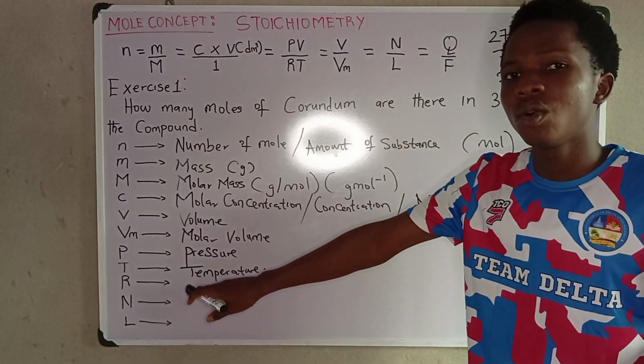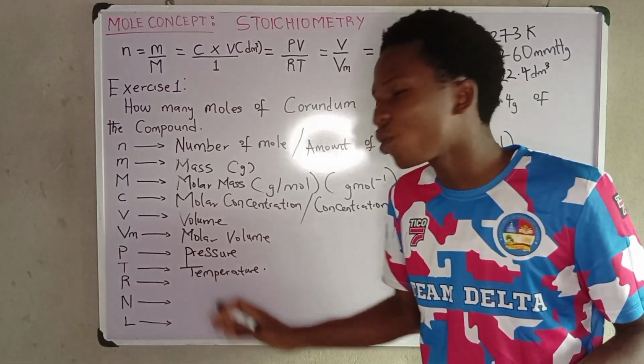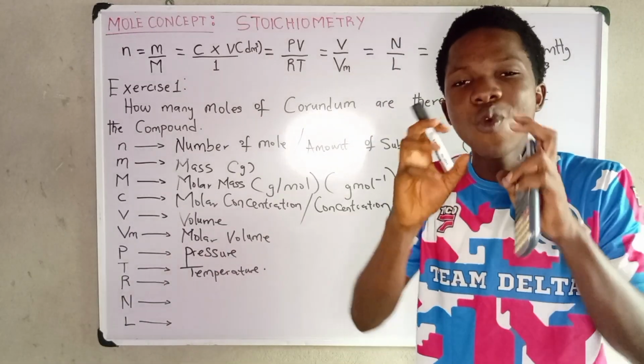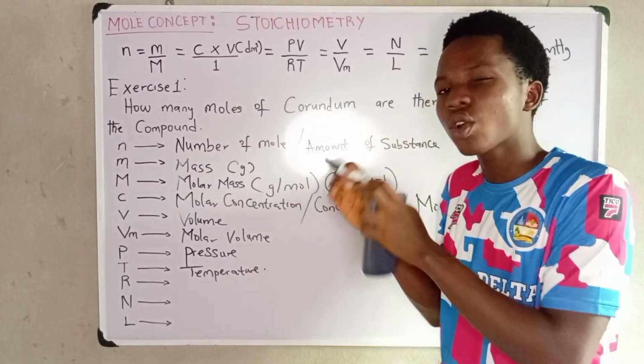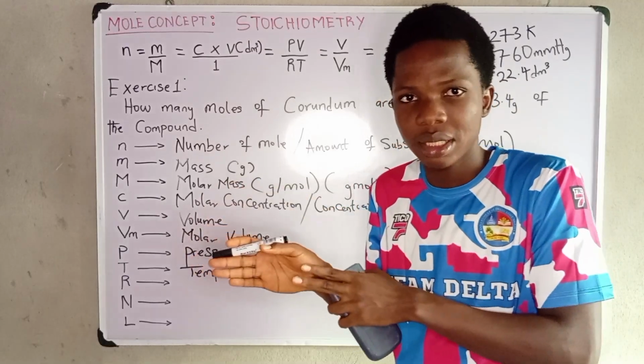Now let's look at R. What does R denote? It denotes the molar gas constant, also called the ideal gas constant.